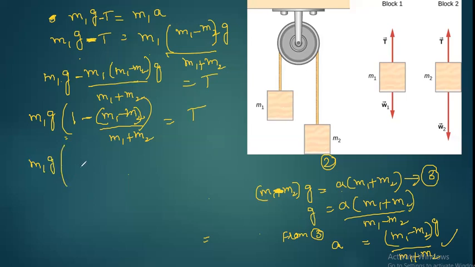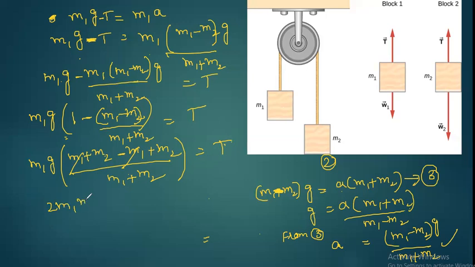M1G is common. Now I am taking LCM. So M1 plus M2 minus M1 plus M2 divided by M1 plus M2, which is equal to T. Now what things are going to cancel here? So plus M1 minus M1. So M2, M2, 2M2. So 2M1 M2G by M1 plus M2, which is equal to T.